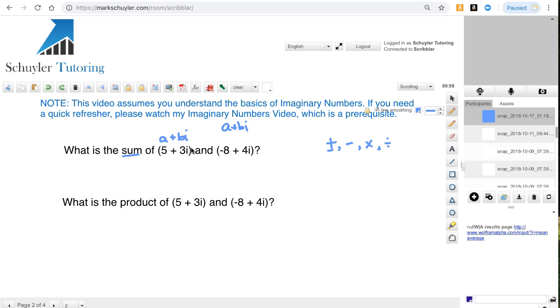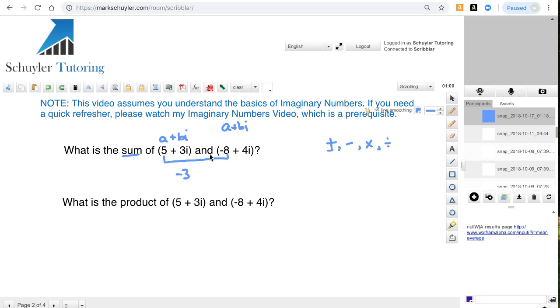You would just treat i like any other variable, like the variable x or the variable y. So we follow the golden rules of algebra. We're going to add together integers with integers, numbers with numbers. Sum means adding, so 5 plus -8 is going to be -3. You want to write that first.